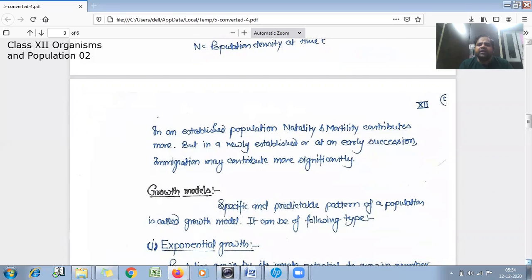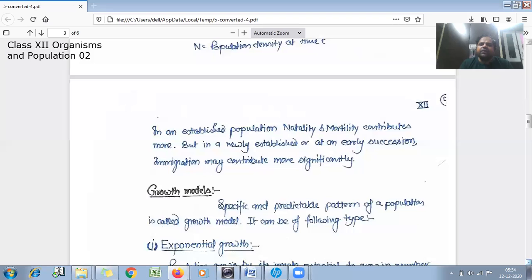Natality and mortality contribute more. Suppose there is a well established population, then the natality and mortality factors will contribute more to regulate the population.